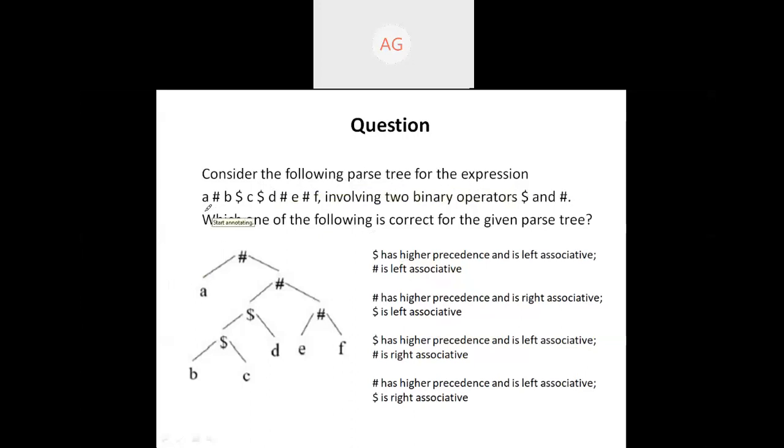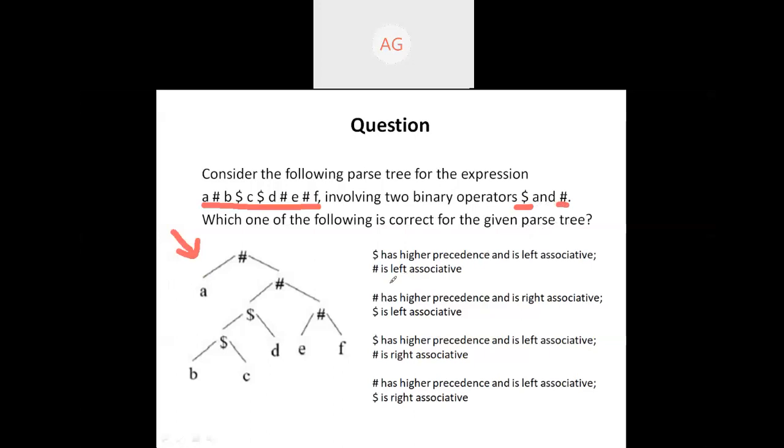So this is the expression given to you: A hash B dollar C dollar D hash E hash F. And this is the parse tree which is constructed from this expression, involving two binary operators, dollar and hash. So dollar and hash are considered as the binary operators. So which one of the following is correct for the given parse tree?